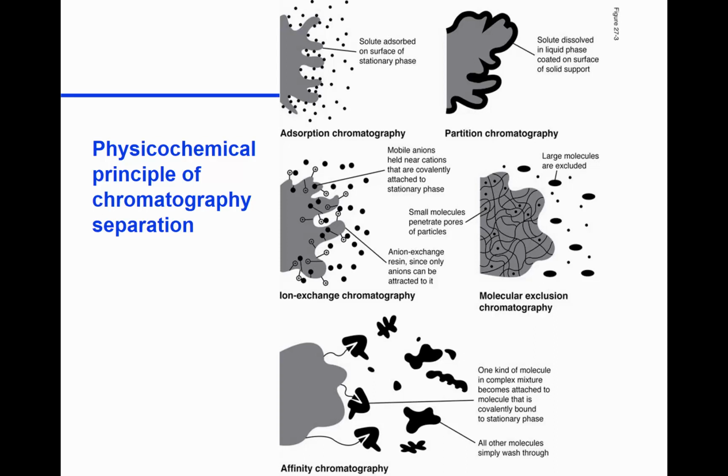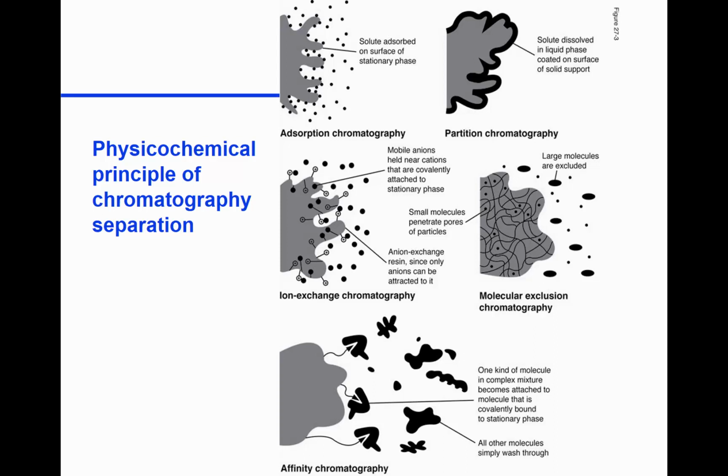So your stationary phase has pores in it, and the smaller the molecule is, it will go in and out into the different pores and be delayed, whereas the large ones don't have access to all the pores because they're large. They will move faster down your column. So here, it is not an adsorption chromatography. It's not a partition chromatography.